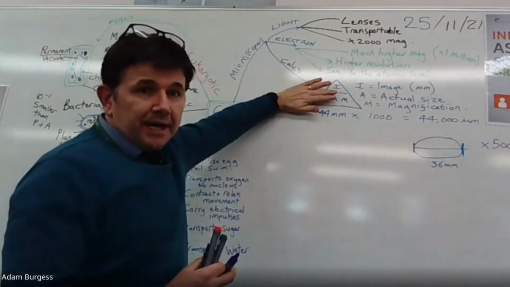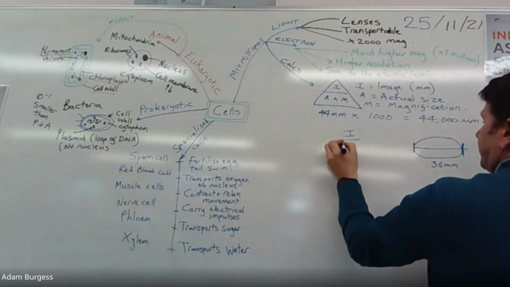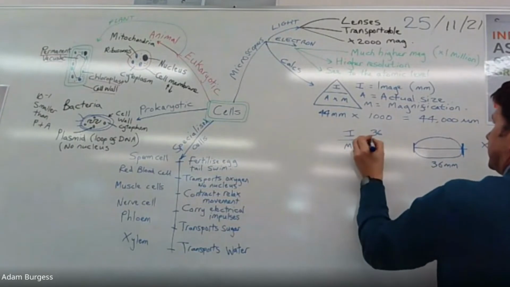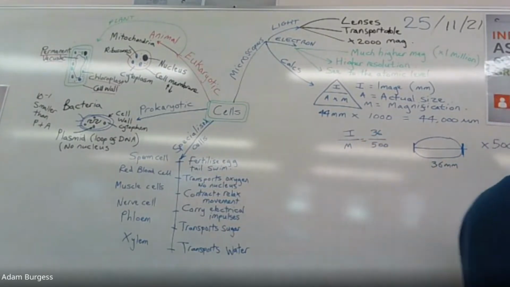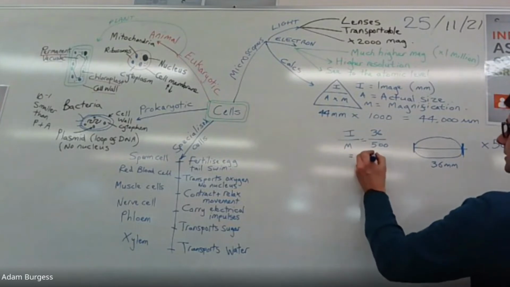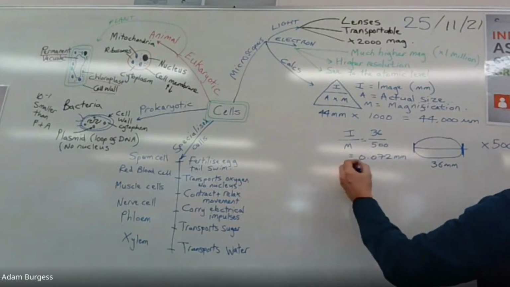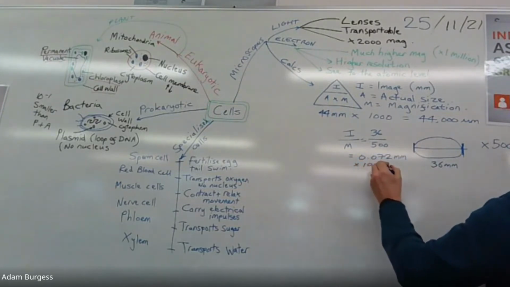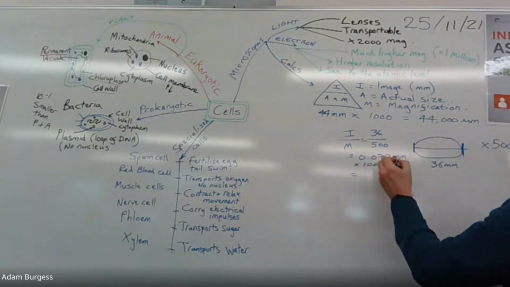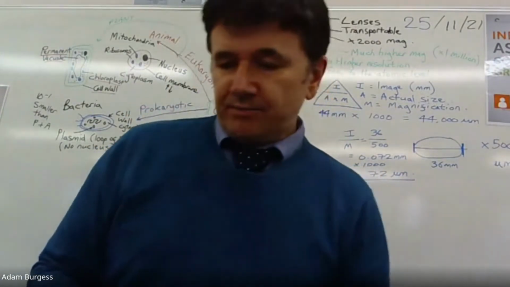So put my hand over there, and it's I divided by M. So that equals 36 divided by 500, which is 0.072. But that's in millimeters, so I want to convert it into micrometers. So I times it by 1,000, and that gives me 72 micrometers. There we go. But you'll never have to write it.